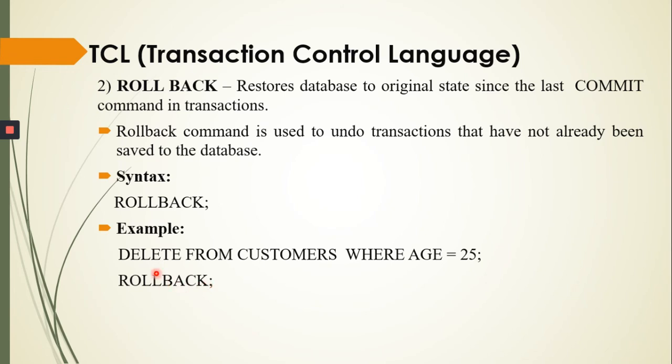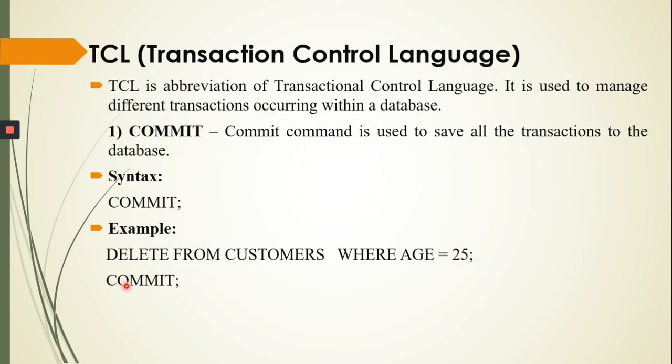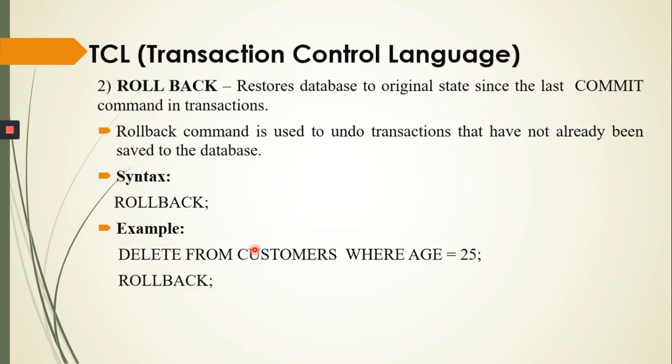So here, delete from customer where age is equal to 25. Previously I wrote commit here, so after writing commit the data is permanently saved, and we cannot change this data. Now I am writing rollback over here. So after deleting the customers of age 25, I realize that those changes are not required.